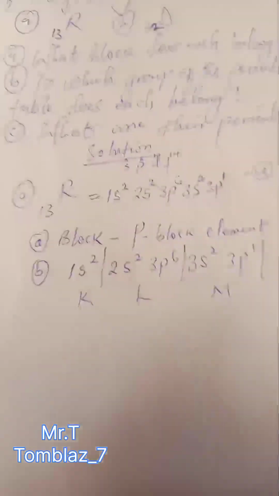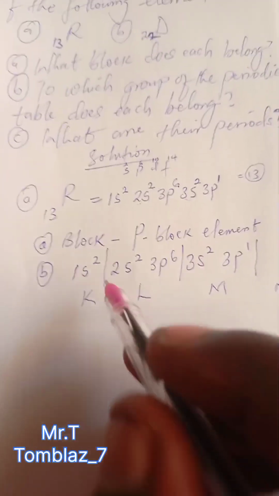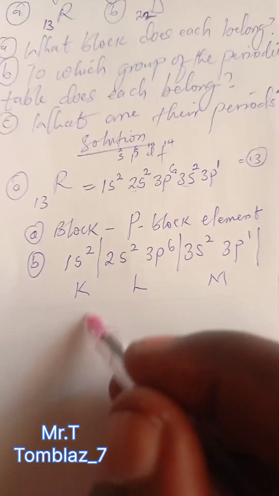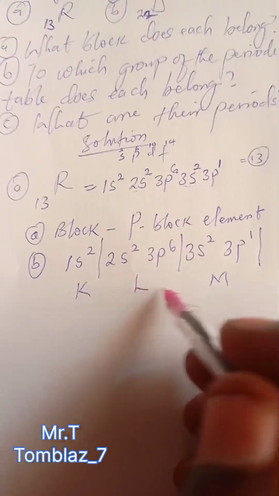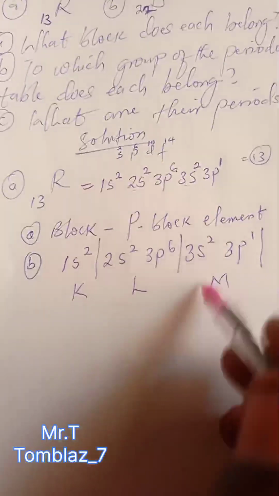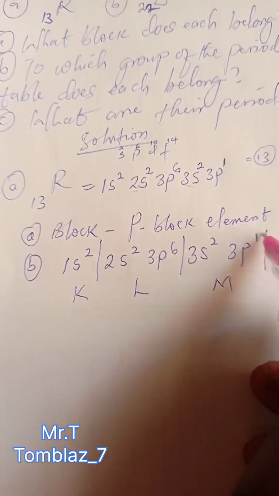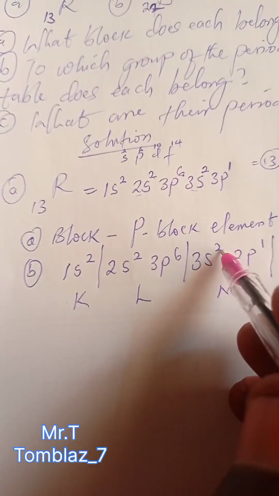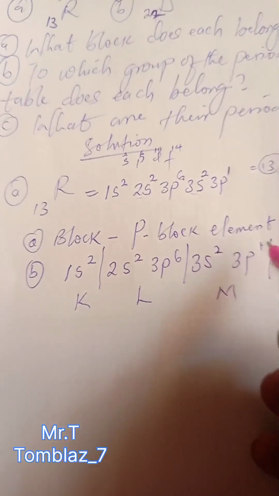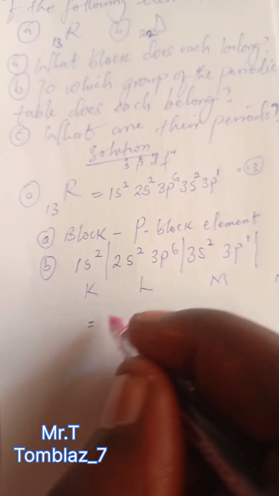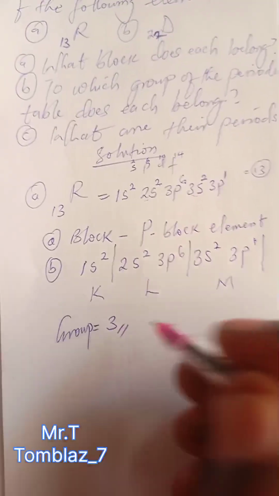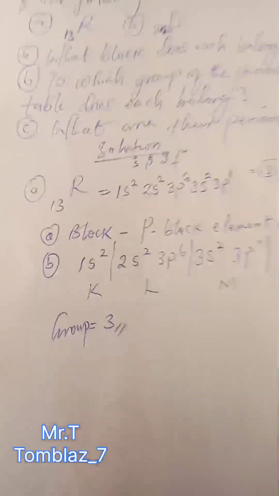You discover that if we draw the circle for this, the 2 electrons will carry the first shell, this 8 will carry the second, and these 3 will be at the last one. So these 3 outermost electrons are where we get our group. So 2 plus 1 will give you what? The group now will be Group 3 element. This is a Group 3 element.